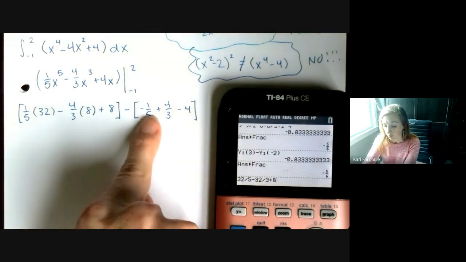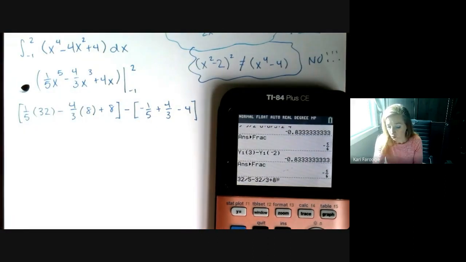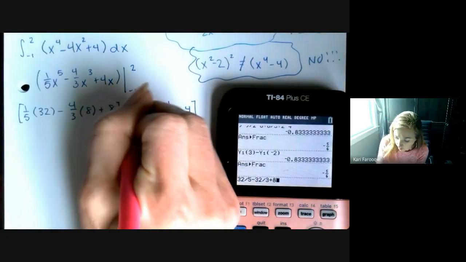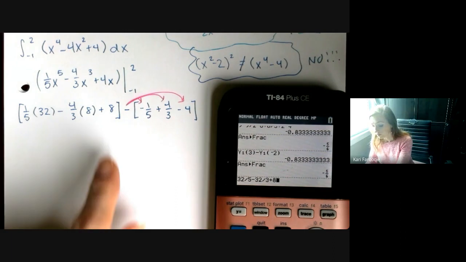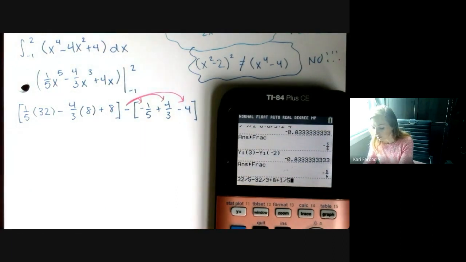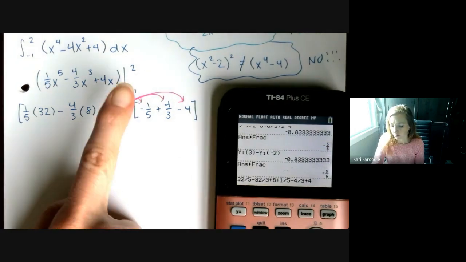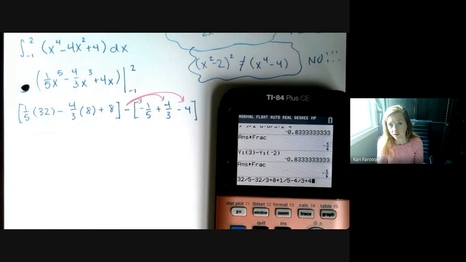And then when I put this in my calculator, I'm going to distribute the negative sign as I enter these quantities. So instead of saying minus -1/5, I'll just say +1/5, and then minus 4/3 and plus 4. Sometimes I even think about it as I'm just going to switch the signs on all of those lower limits.